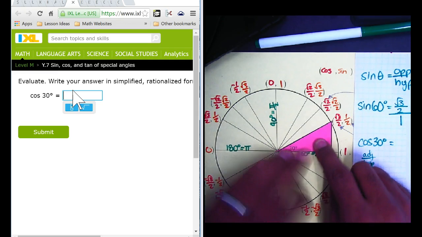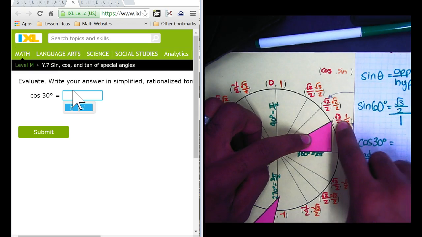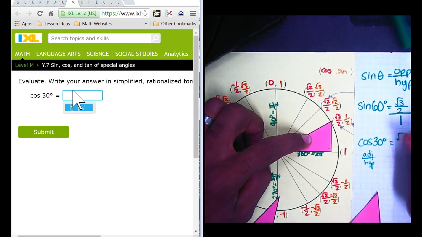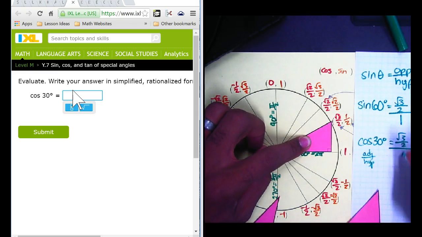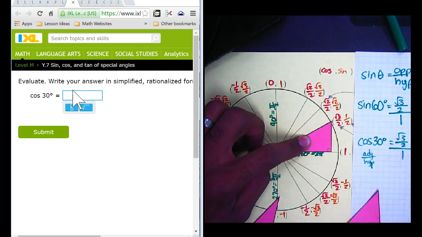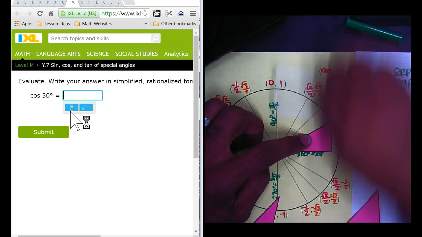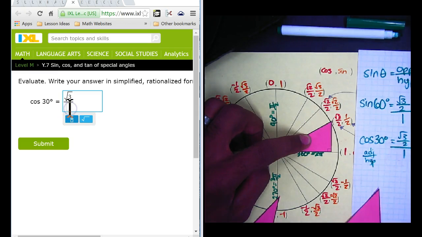And the adjacent side is the x value, which is the square root of 3 over 2. And over the hypotenuse, so that's this side here, and that's 1. And again, it's just the same value over 1, square root of 3 over 2. So square root 3, and then over 2.